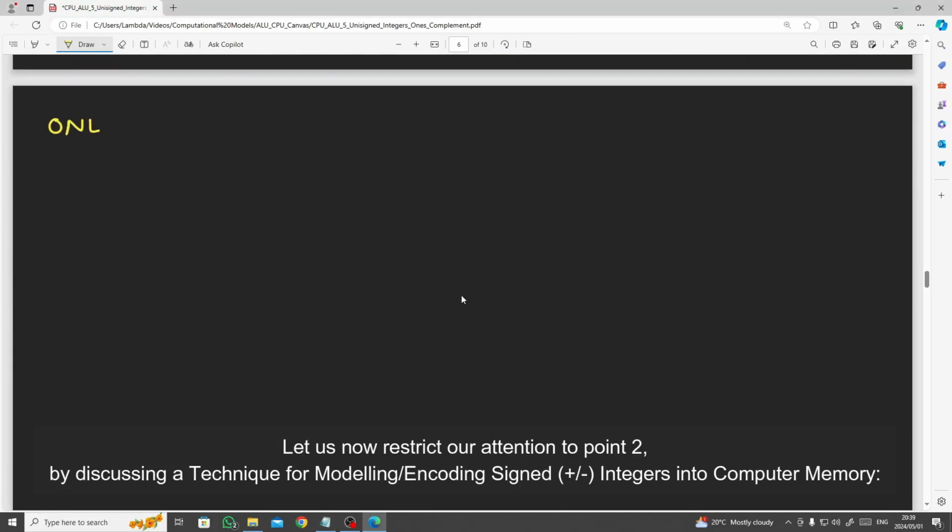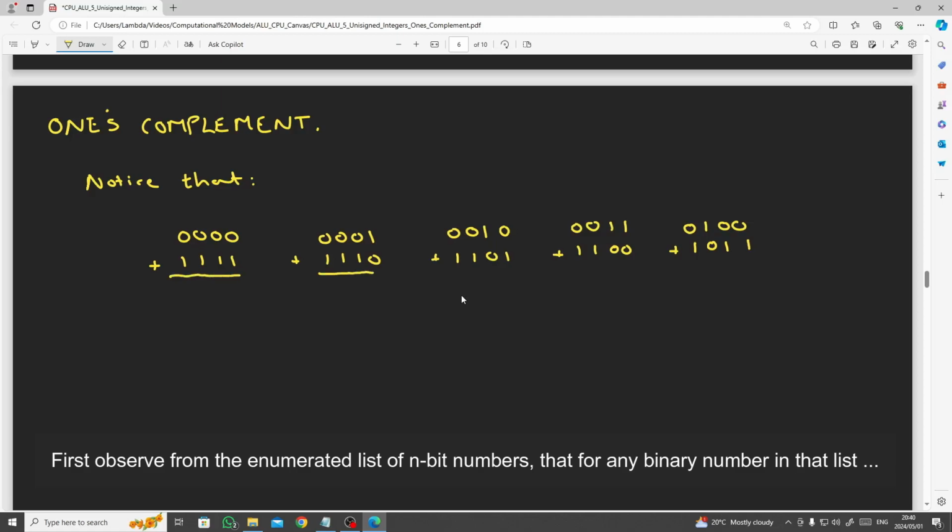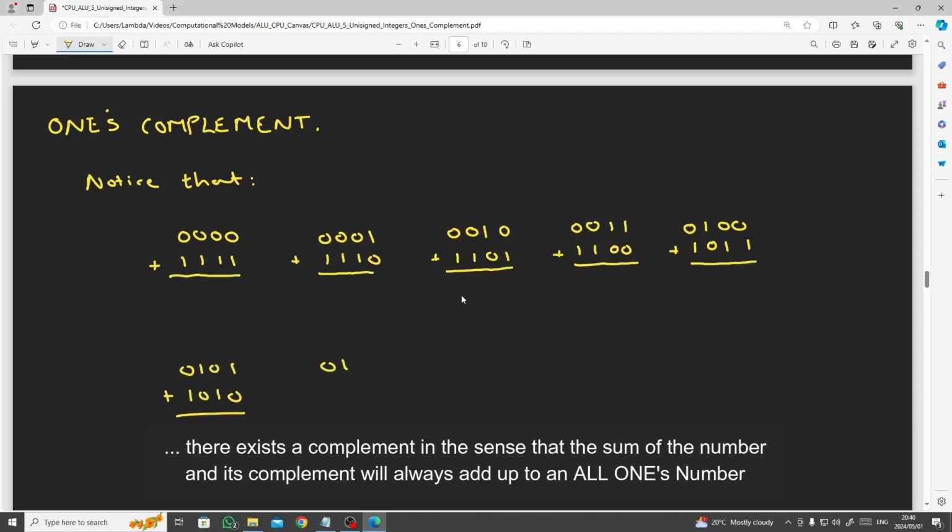Let us now restrict our attention to point 2 by discussing a technique for modeling or encoding signed integers into computer memory. First, observe from the enumerated list of n-bit numbers that for any binary number in that list, there exists a complement in the sense that the sum of the number and its complement will always add up to an all ones number.